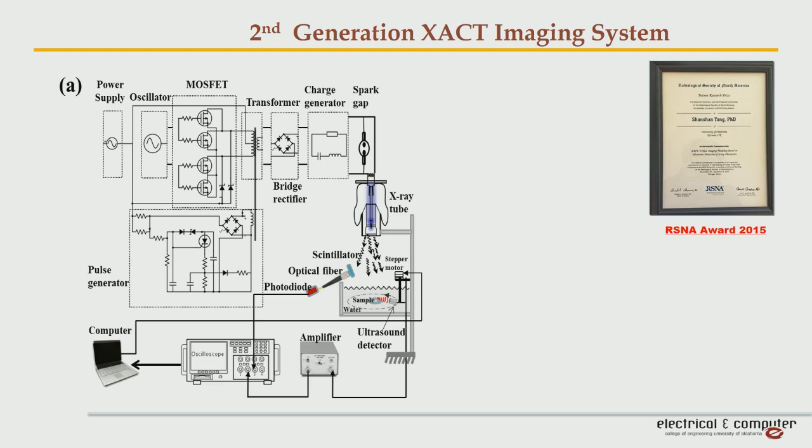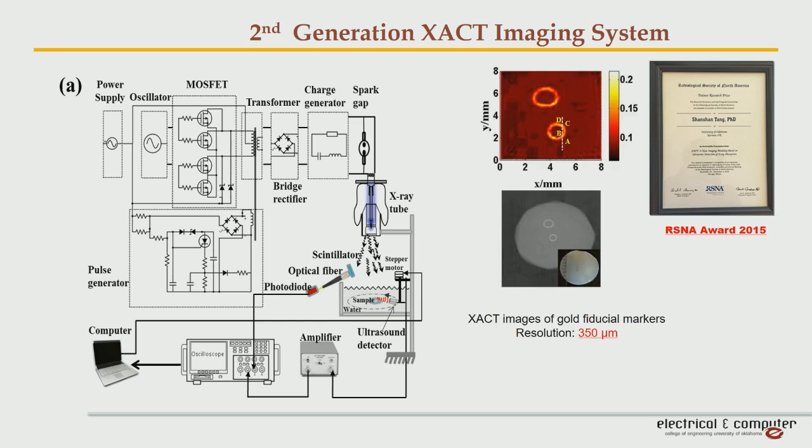So we got a new X-ray source which could provide a 60 nanosecond pulse, and using a higher frequency transducer, we can get higher resolution. But this time we still did mechanical scanning. It takes tens of minutes to get 2D images, but we can improve the imaging resolution.